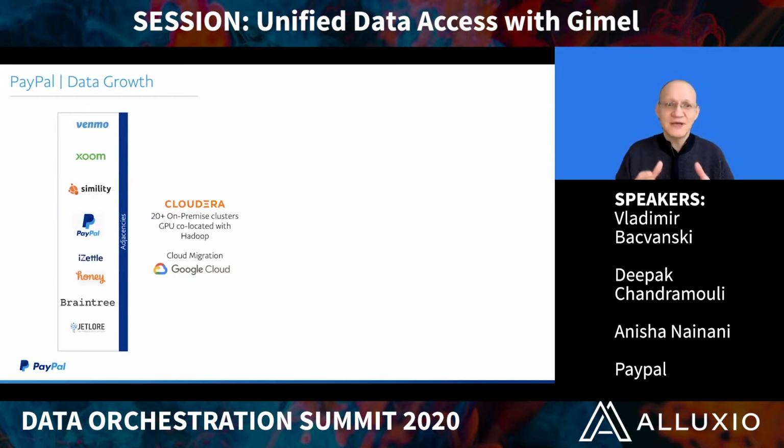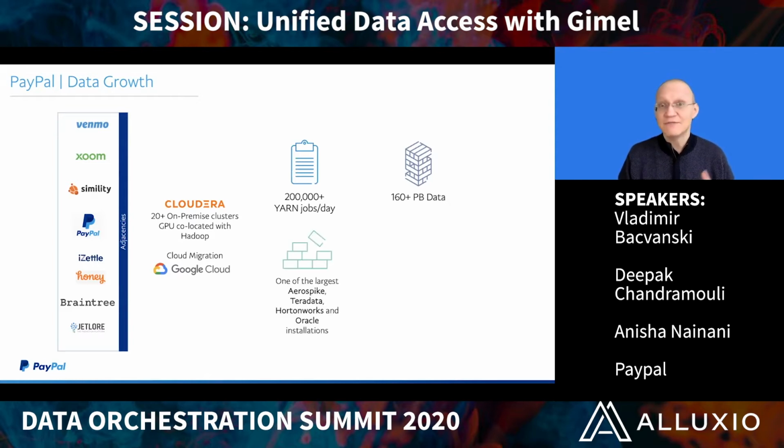As you can imagine, this number of companies and the customer transactions that we are handling is done by a variety of systems. One of the really interesting things is a very large presence of big data systems, Hadoop systems. There are over 20 on-premise Hadoop clusters, even GPU units that are processing.